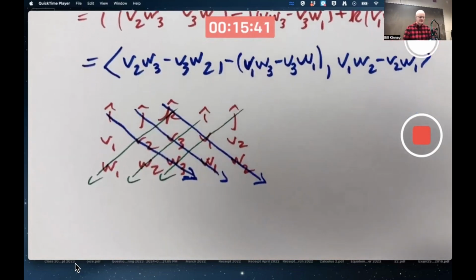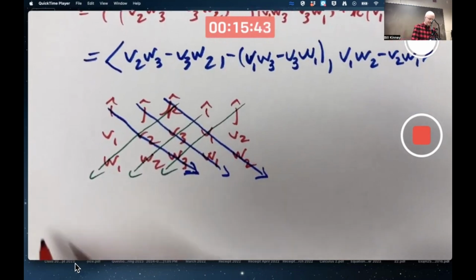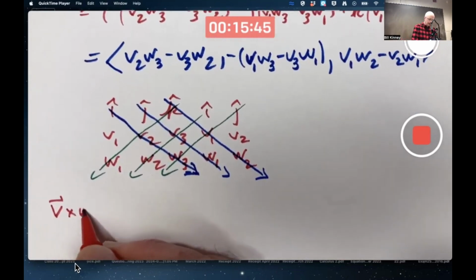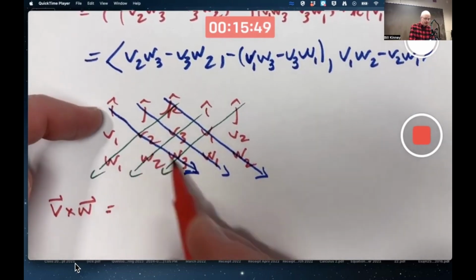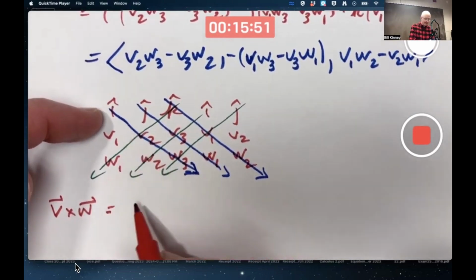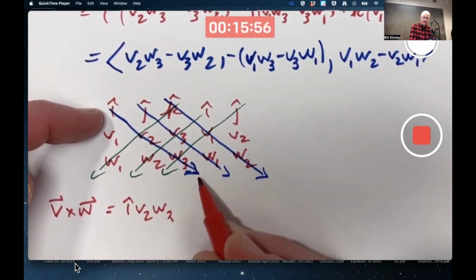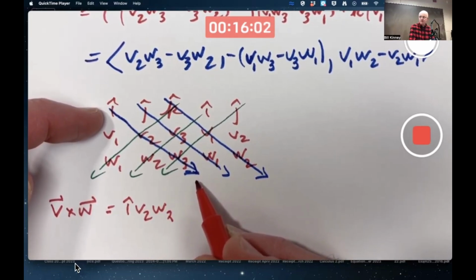In other words, V cross W, this product here is I hat V2 W3, the first blue arrow there. It's easier when these are all numbers.